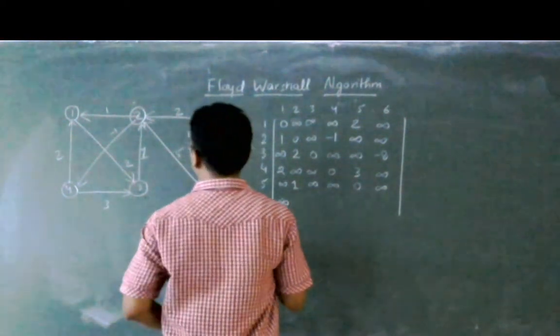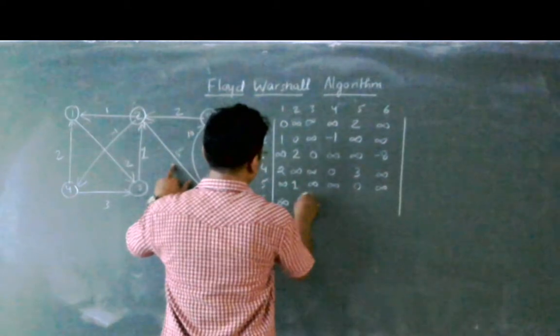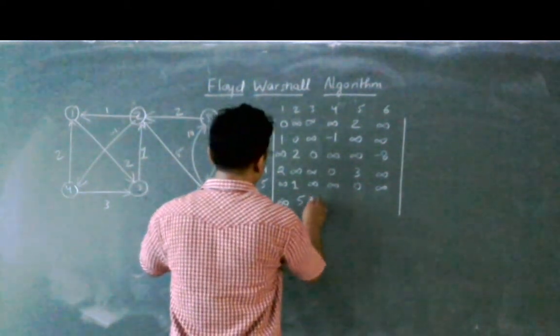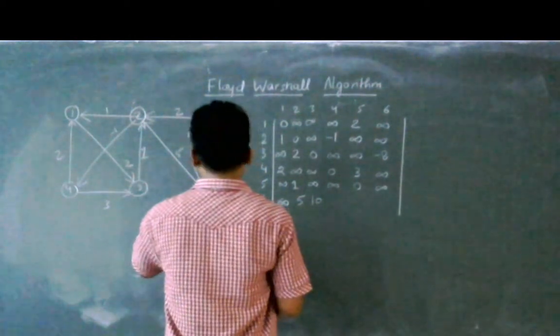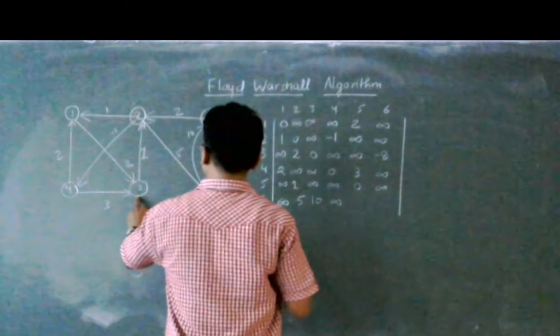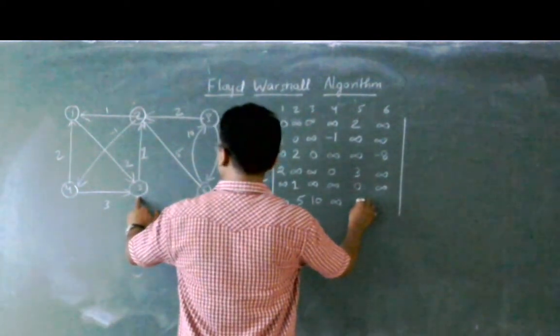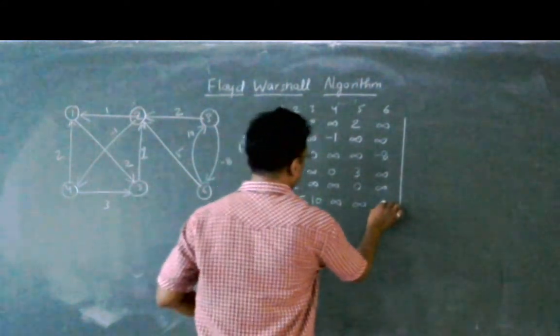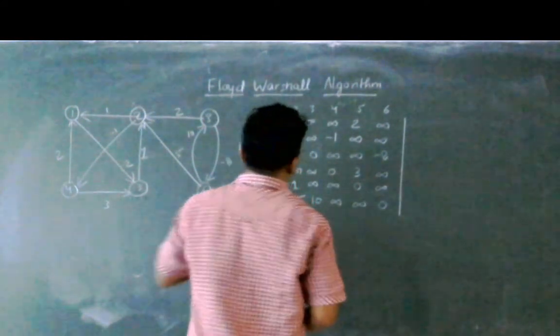Node number 2 at distance of 5, node number 3 at distance of 10, node number 4 not connected, node number 5 not directly connected, node number 6 at distance of 0.